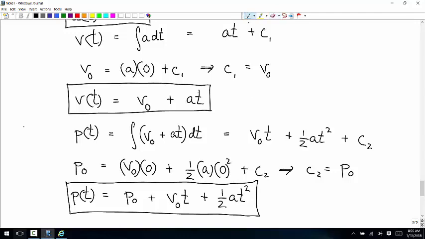Okay, so what are these? Does p sub 0 mean it's the 0th interval? No, that's just the name of a constant that represents the position when time is equal to 0. So that's what p0 and v0 are, both just the position and velocity at time equals 0.